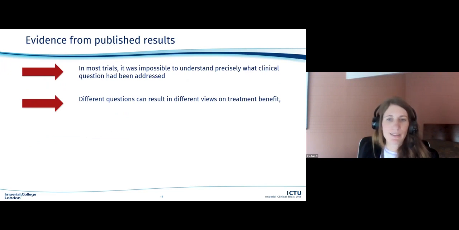I think this is problematic as different reviewers of the trial, for example, such as policymakers, prescribers, or patients, might look at the results and assume different questions have been answered when this is not made clear. As we have seen, different answers to different questions can result in quite different impressions on treatment benefit. This could result in misinterpretation.